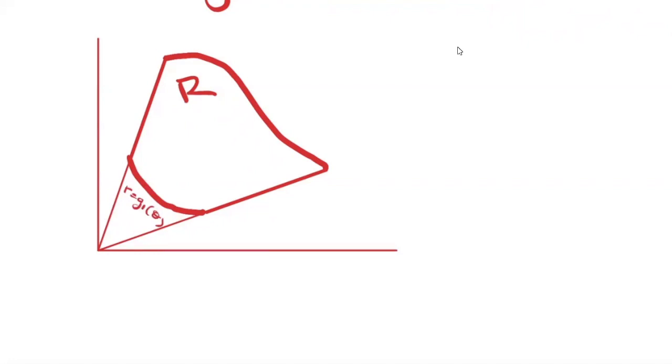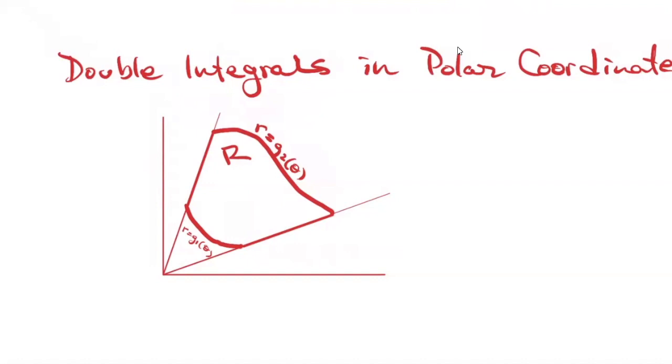On the outside, obviously, r will be G2 of theta. And then the limits on theta will just be from one angle to another. On the lower angle, let's say theta is alpha, and on the larger angle, let's say theta is beta.